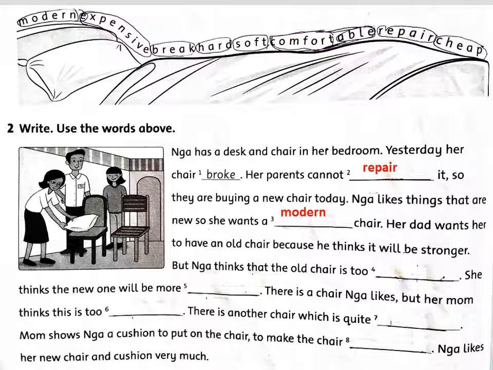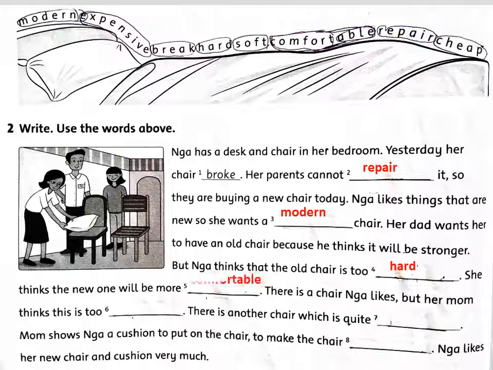Her dad wants her to have a new chair because he thinks it will be stronger. But Nga thinks that the old chair is too. What is the opposite of soft? Hard. Good. She thinks the new one will be more what? Comfortable.